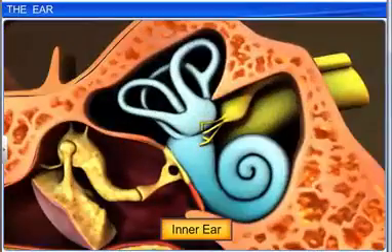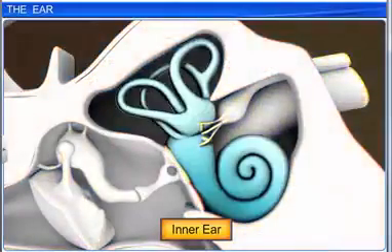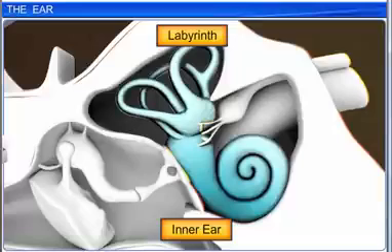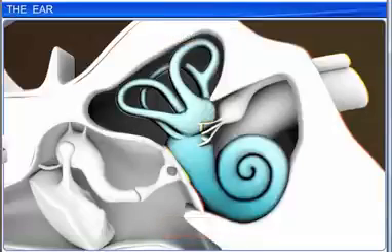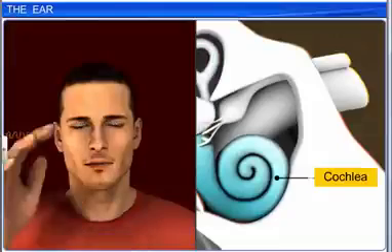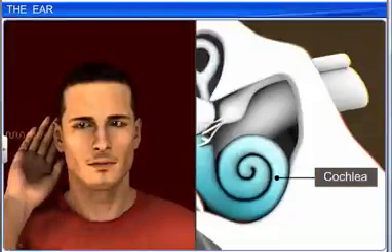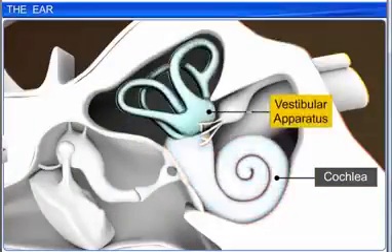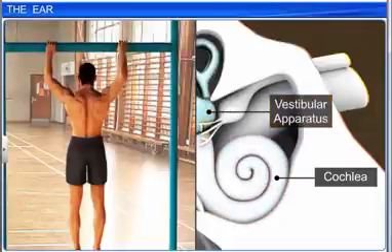The inner ear consists of a complex system of intercommunicating chambers and tubes called a labyrinth. The labyrinth consists of two functional parts: the cochlea, which is responsible for hearing, and the vestibular apparatus, which is responsible for balance.